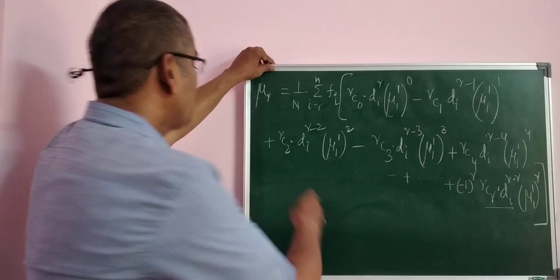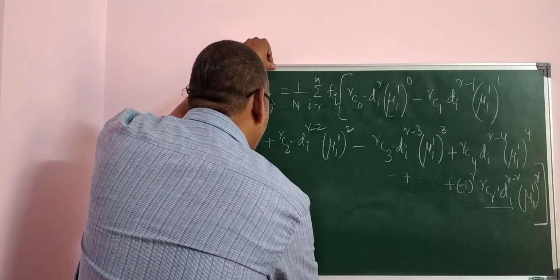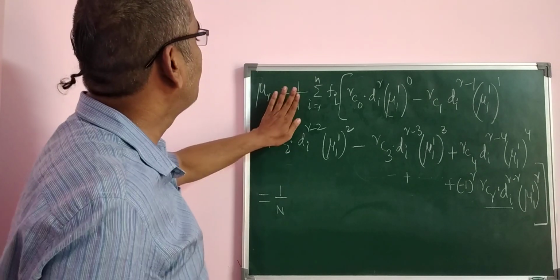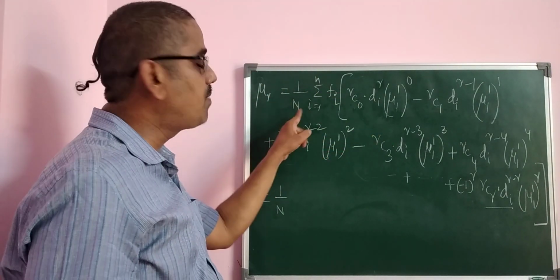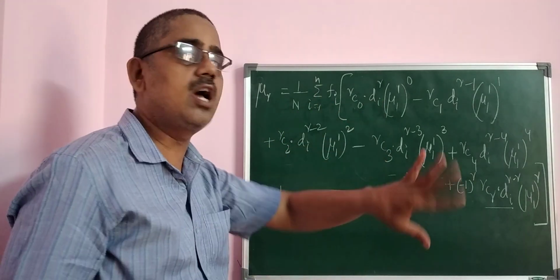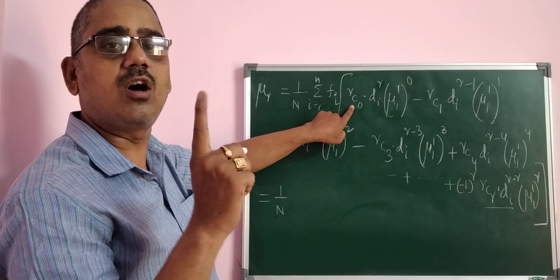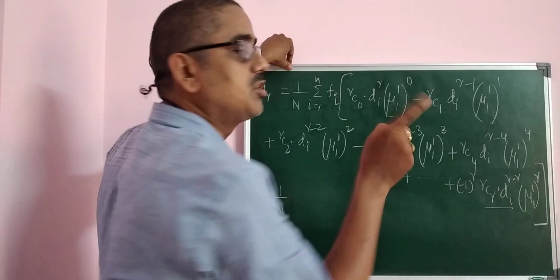So keeping this point in mind, now I am multiplying 1 by n summation f_i. I take the summation, multiply with 1 by n, and do the operation, so what you will get: rC0 is 1, and μ1' whole power 0 is 1.